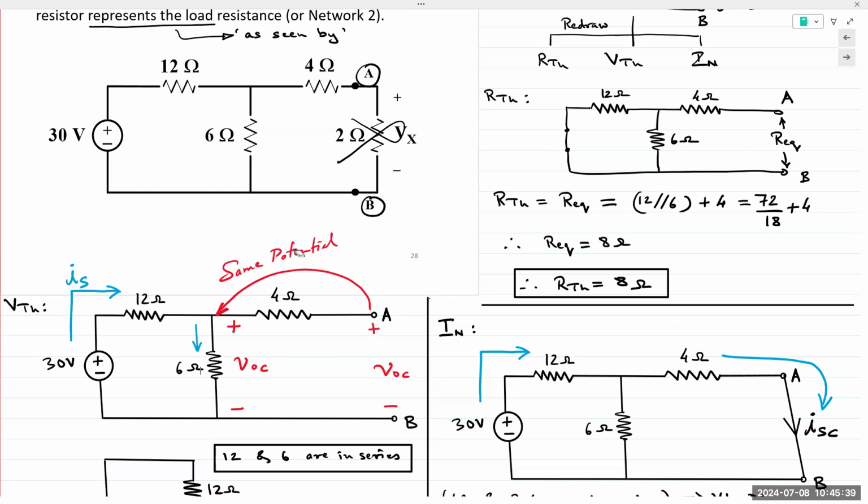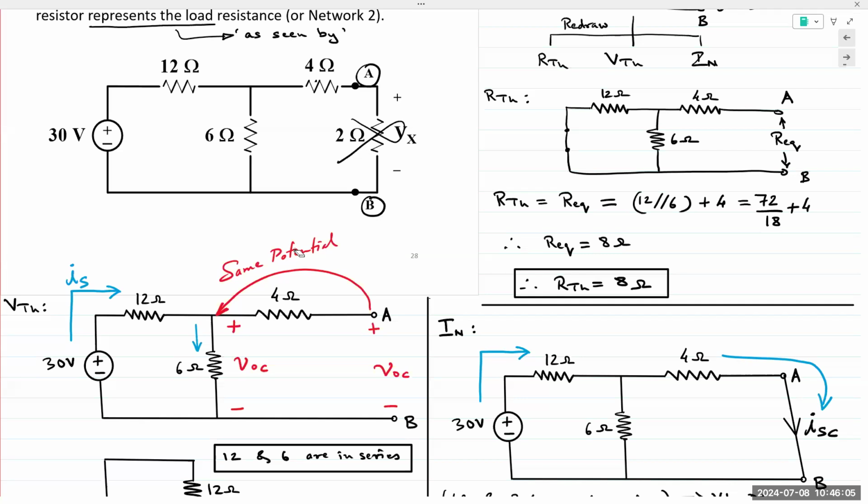It's because the 4-ohm resistor is not connected to anything at the other end. And because it's not connecting, there is no current flowing through there. If there's no current flowing through there, the voltage across that resistance is 0, which means both points are at the exact same potential. So voltage remains the same across both ends.